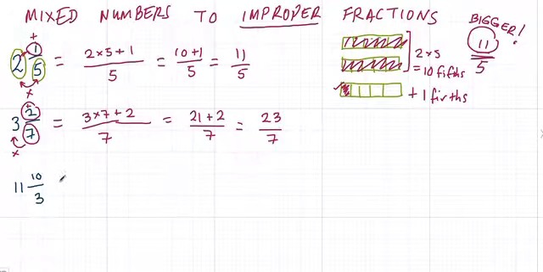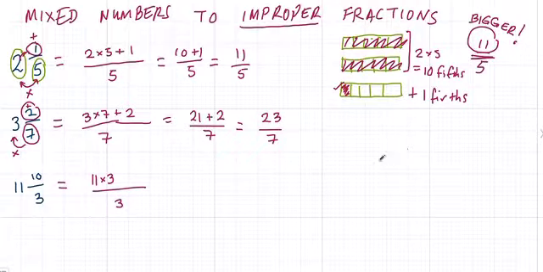Okay, the last one, you'll notice this is an improper fraction mixed number. So it's got a bit of everything going on here. It doesn't actually affect what we're doing because we're going to turn this into an improper fraction anyway. It's fine to just do what we've done up here. So again, we've got thirds. If you can imagine 11 whole bars divided into 3s, you've got 11 times 3 thirds.